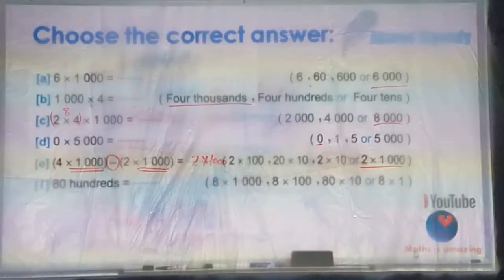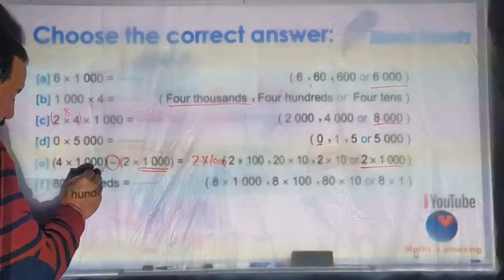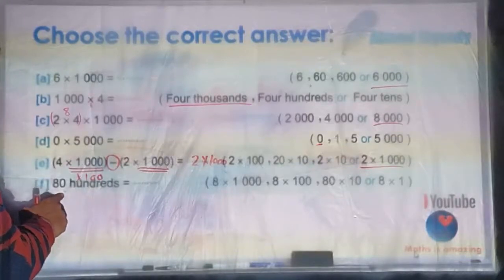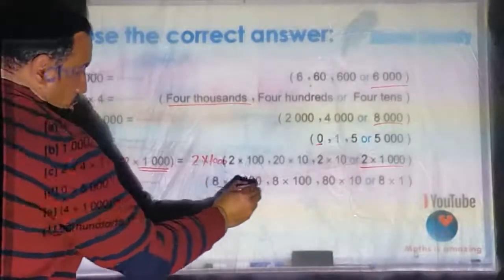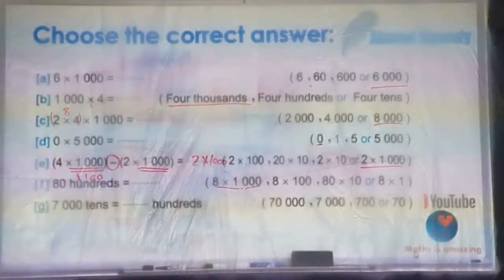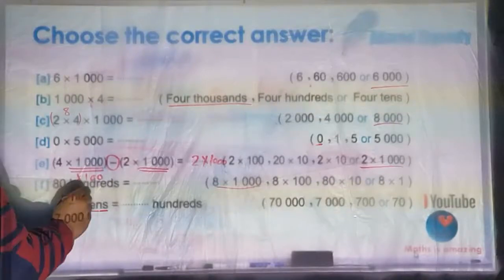80 times 100. Here we multiply by 100. Now how many zeros do we have here? 1, 2, 3. The result is 8000. Which one of these equals 8000? 8 times 1000 or 8 times 100 or 80 times 10 or 8 times 1? Yes, it must be 8 times 1000 because we have here 3 zeros: 1, 2, 3. Next, 7010 multiplied by 10.